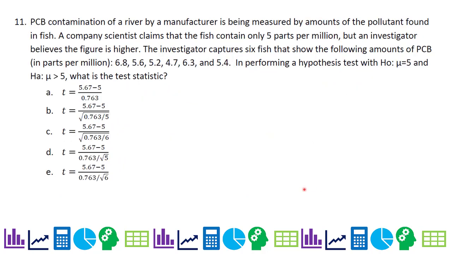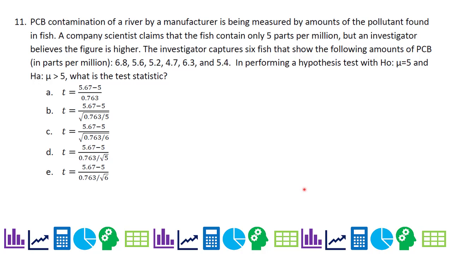Number 11. PCB contamination of a river by a manufacturer is being measured by amounts of the pollutant found in fish. A company scientist claims that the fish contain only 5 parts per million, but an investigator believes the figure is higher. The investigator captures 6 fish that showed the following amounts of PCB in parts per million: 6.8, 5.6, 5.2, 4.7, 6.3, and 5.4.